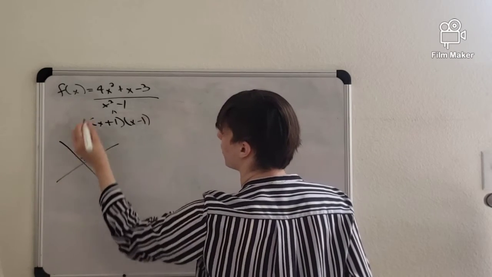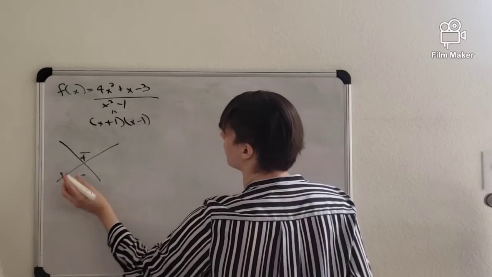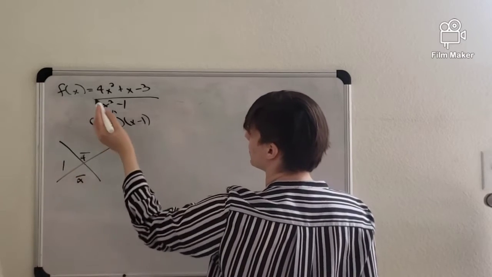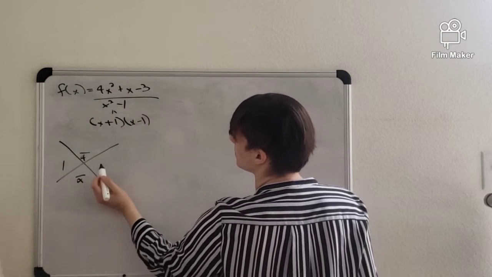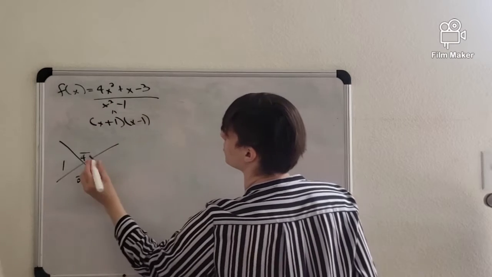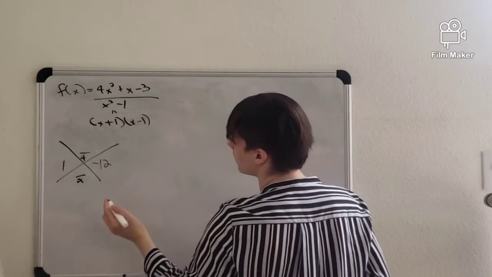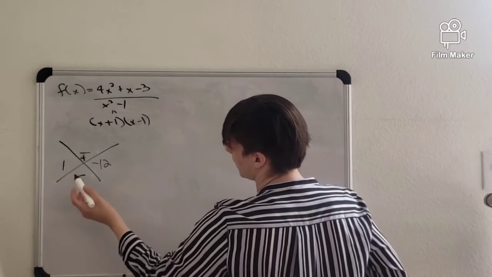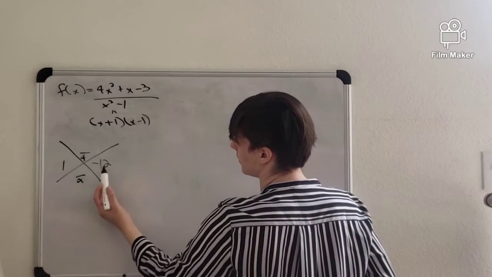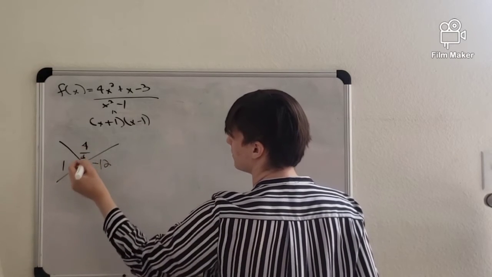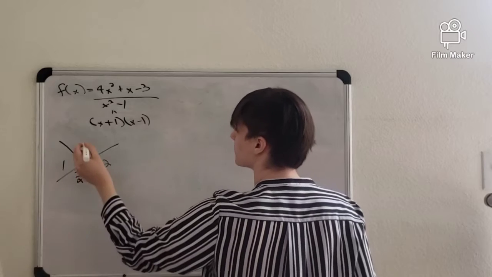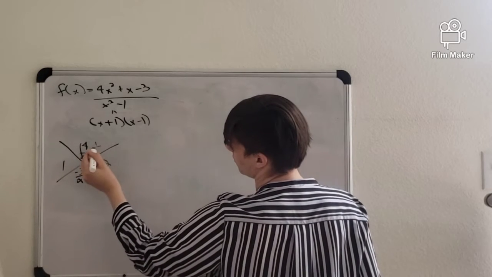So our a is 4, our b is 1, and our c is negative 3, but to get this side, we're going to multiply a times c, which equals negative 12. And what you add to get 1, and multiply to get negative 12, is positive 4 and negative 3. This cancels out, so it's 1 over 1.